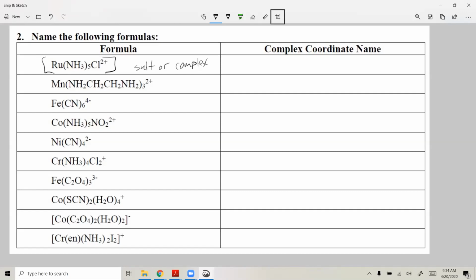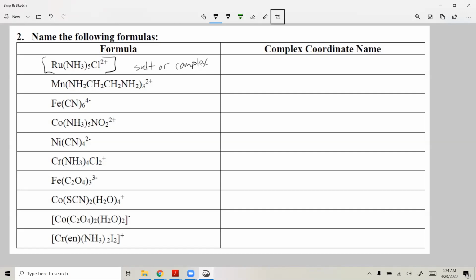So this is just going to be the complex. And you can tell because we have these charges left over. If it was a salt, we wouldn't have those charges. So we're not going to have an anion or a cation partnered with our complex. We're just going to have the complex.